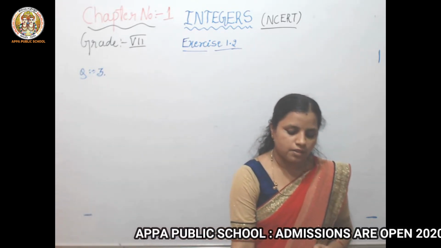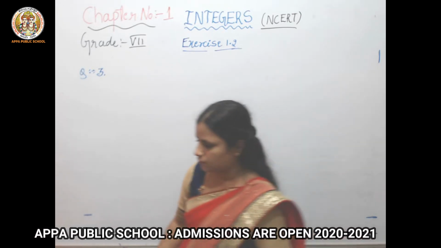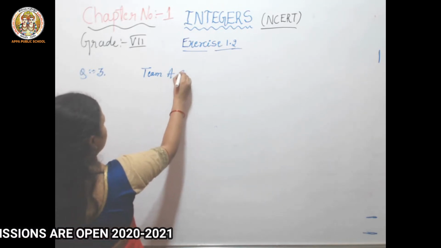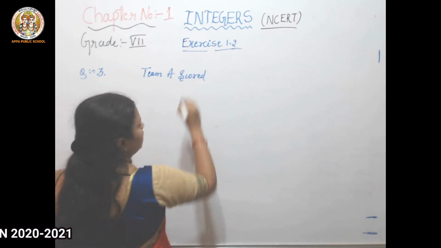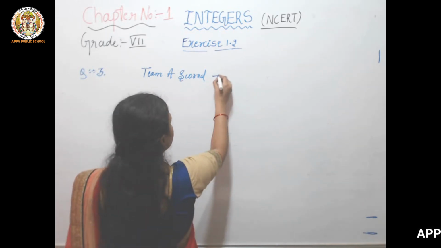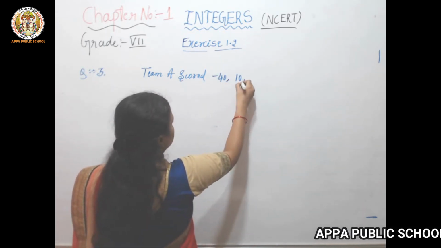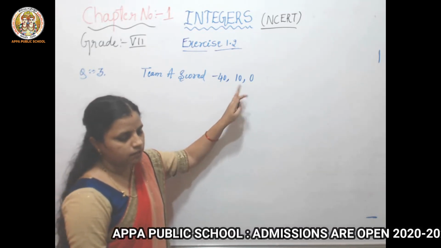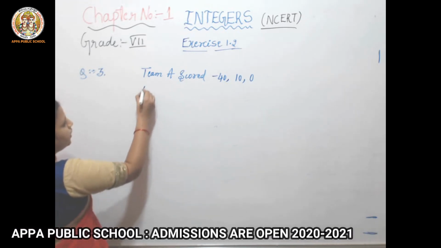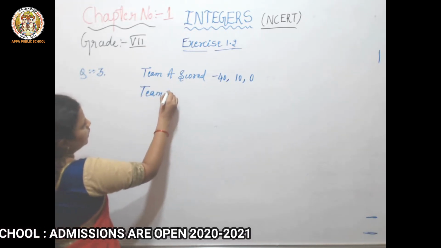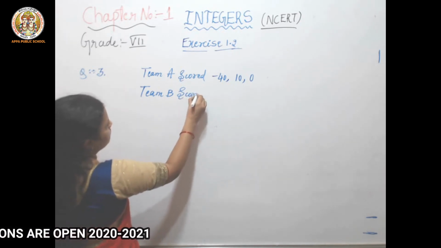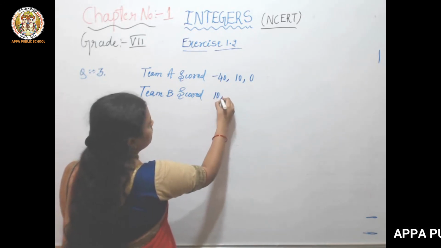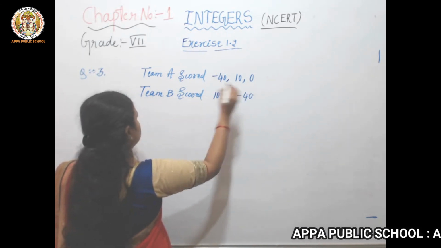Listen. In a quiz, Team A scored, I'll write down the scores: minus 40, 10, 0. And Team B scored 10, 0, minus 40.